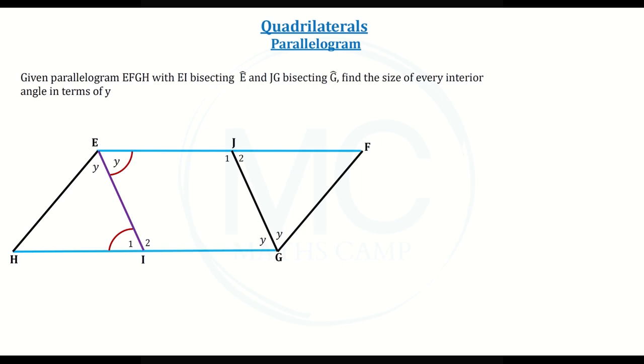Both sit inside the Z shape. So these are alternate angles. We know that alternate angles are equal. So if E2 is equal to Y, then we can see that angle I1 must be equal to Y as well, because these are alternate angles. And we know that they're alternate angles because EF is parallel to HG.